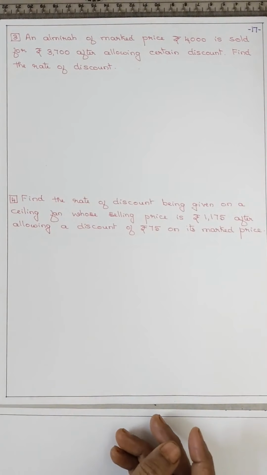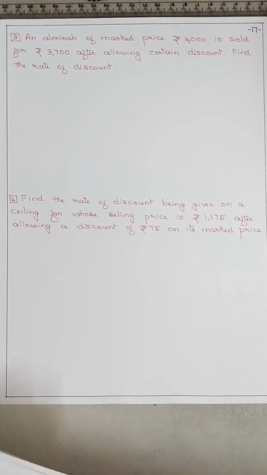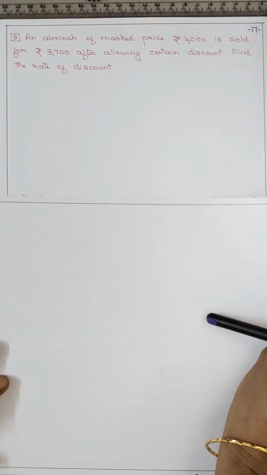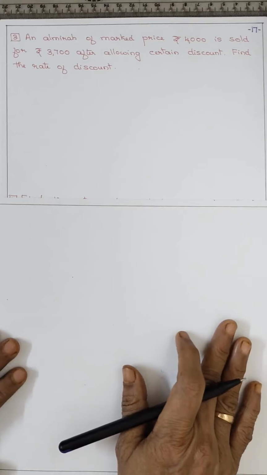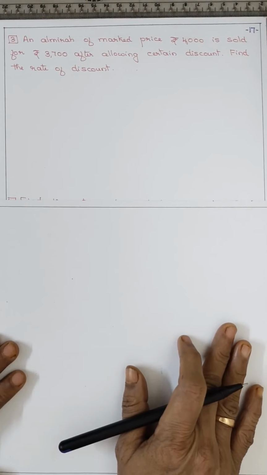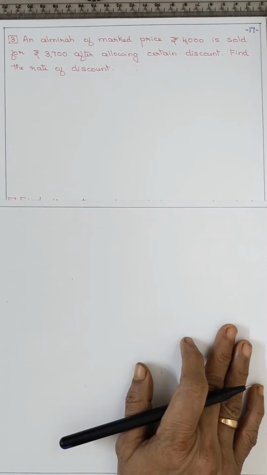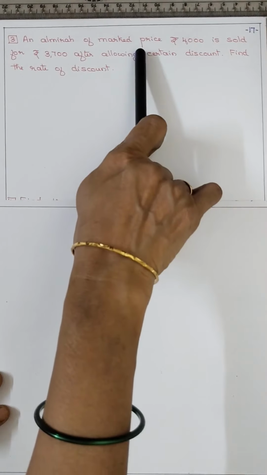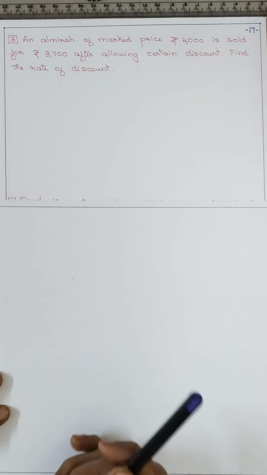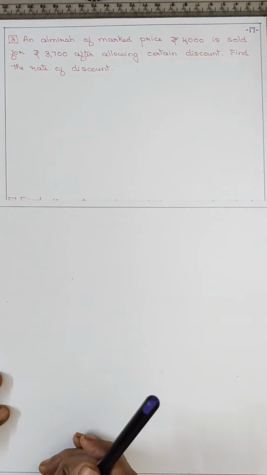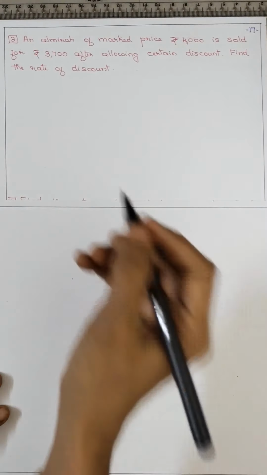Now coming to the question number 3. An almirah is marked price rupees 4,000 is sold for rupees 3,700 after allowing certain discount. Find the rate of discount. So they have given the marked price and sold means selling price, and they have asked you to find out the discount percent.